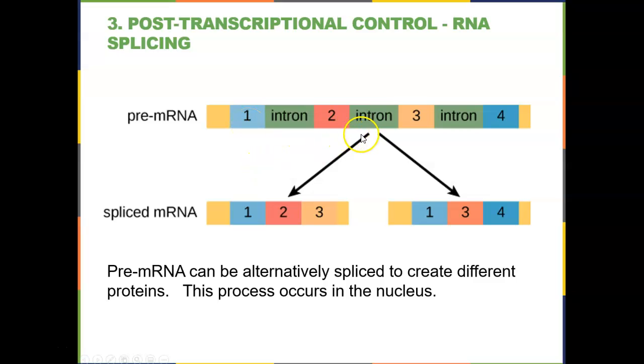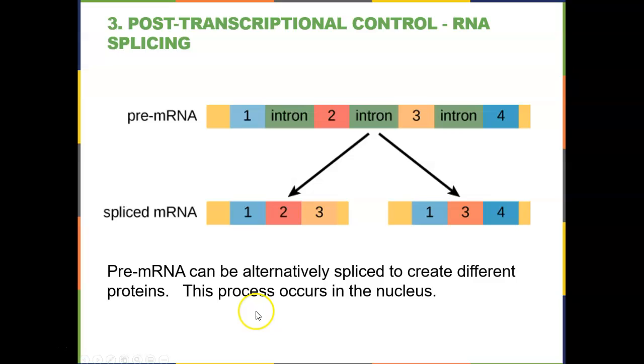So for example, we could splice out on this side the number 4 region of coding and only have 1, 2, 3. And maybe at another time, based on other sequences, we could have only 1, 3, 4. So we can splice the messenger RNA in different ways after it's transcribed to get a messenger RNA that will result in a different protein.